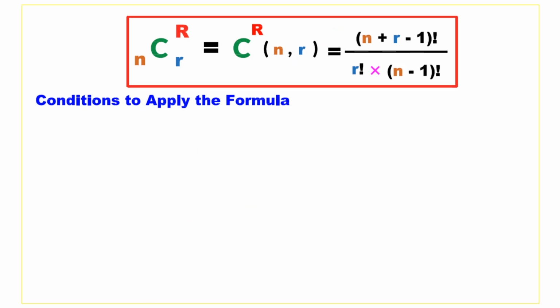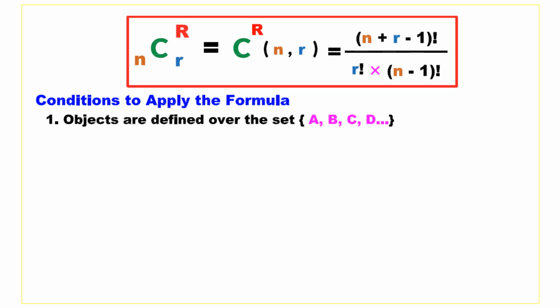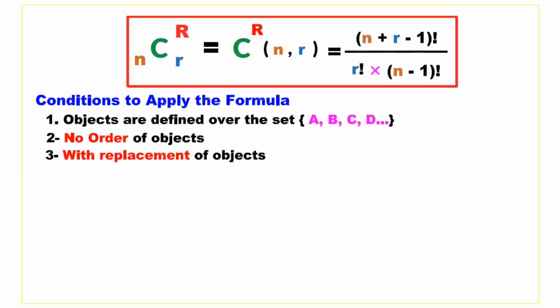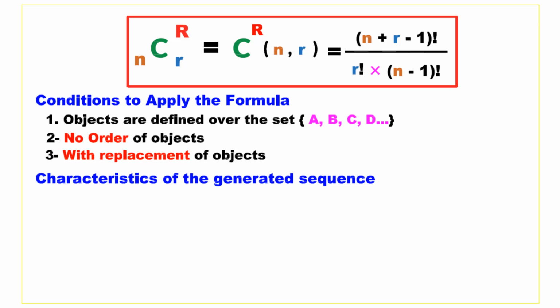Now the conditions according to which we can apply this formula of combination with replacement. The first condition, objects are defined over a set, and the second one, no order of objects, and the third, with replacement of objects. So objects are generated with replacement, and now finally we need to know the characteristics of the generated sequence.